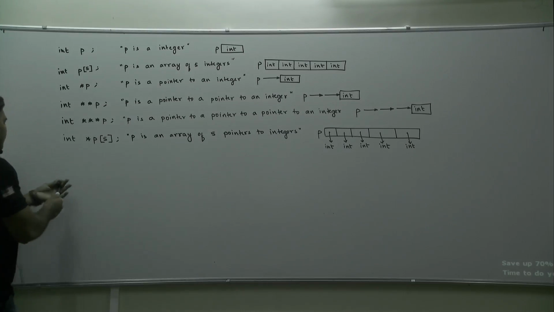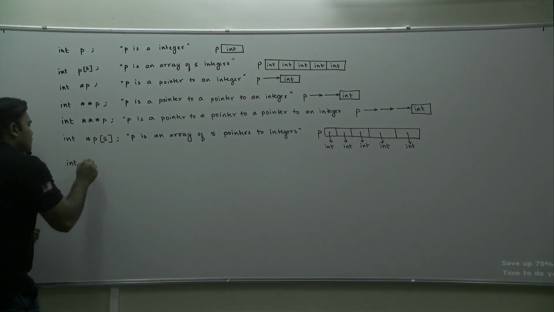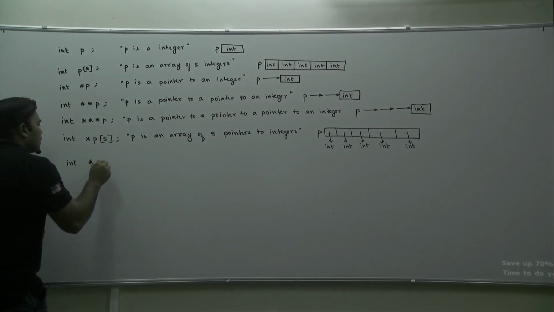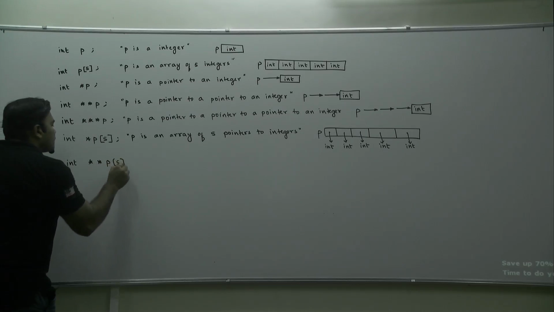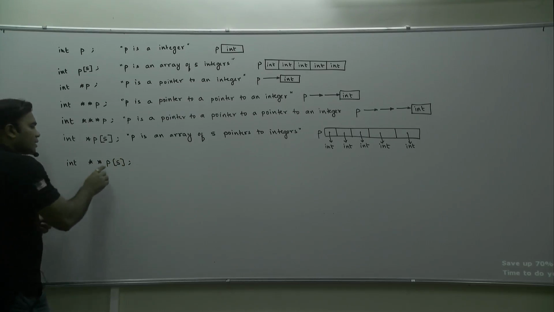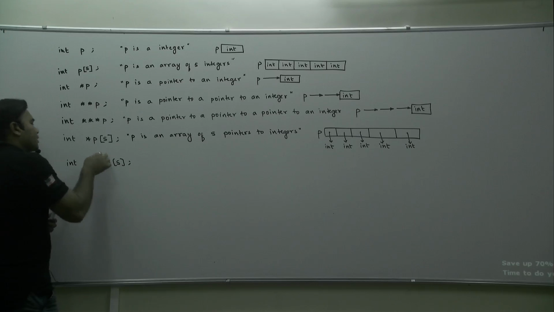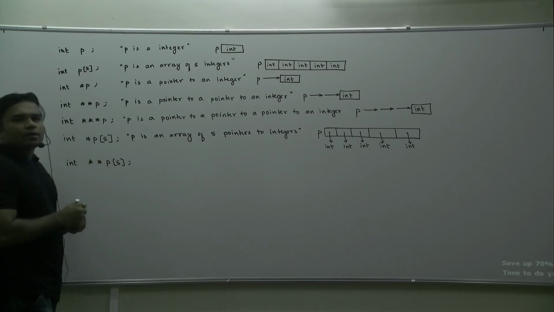Say supposing I will write it like this: int star star p of 5. Then what is it, sir, if you will ask? P is an array of 5 pointers to pointers to integers. That is what it means.